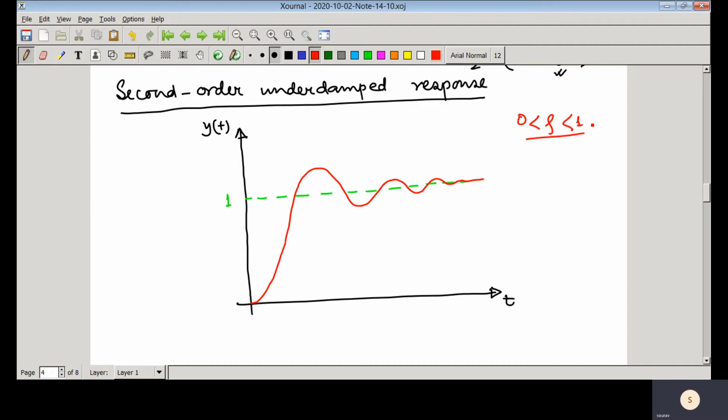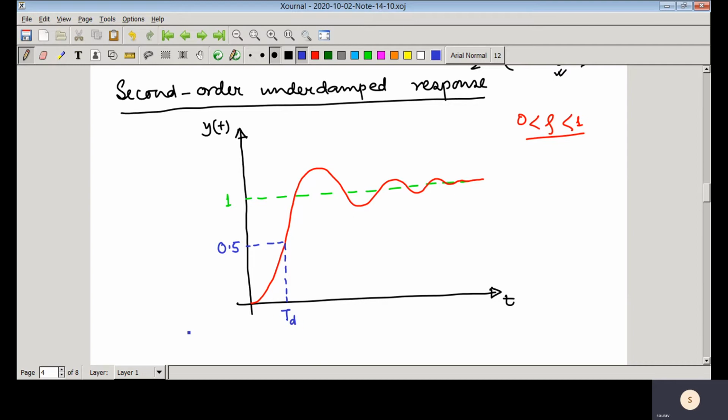And here I'll be pointing out some values in the time response. One value is 50%, that means 0.5 of 1, and suppose this time is td.